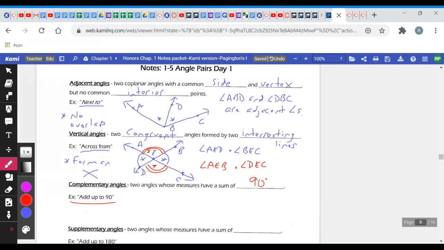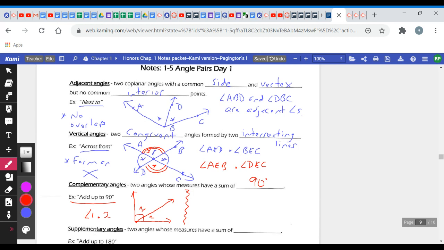So if I show you a picture like this, and I put the little right angle symbol in there, and then draw another ray like this, and put an angle 1 in here and angle 2 in here, I could say that angle 1 and angle 2 are complementary angles because I can tell for sure that those are two angles that add up to 90 degrees based on that right angle symbol.